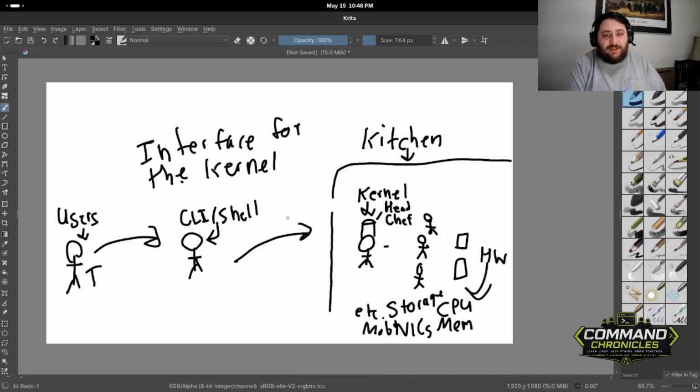So hopefully with this analogy we would have a better understanding of the shell, to demystify this complex thing called the kernel. Because when people hear kernel, half the time we don't know what it is. But hopefully this makes more sense and this analogy gives you a greater understanding.